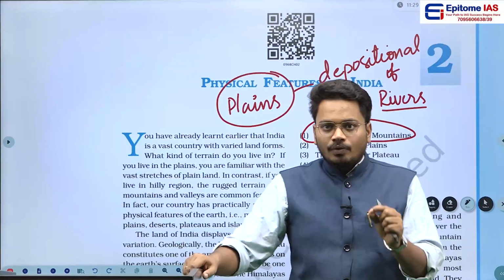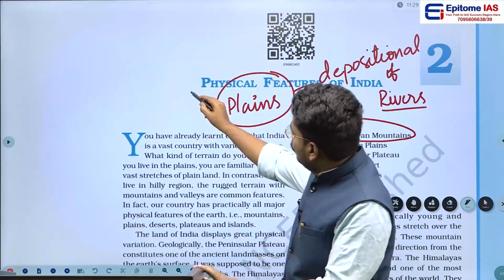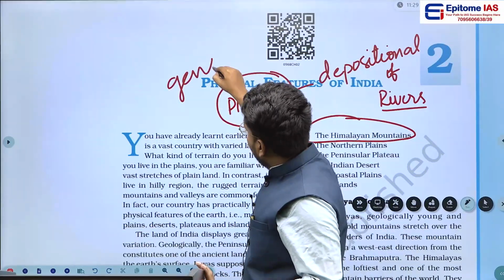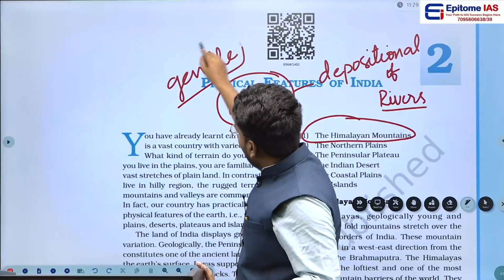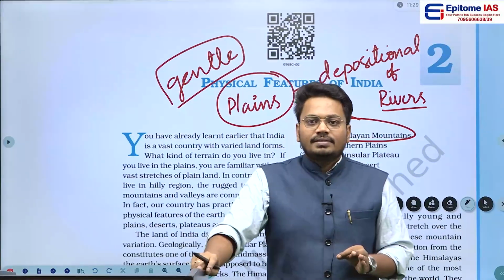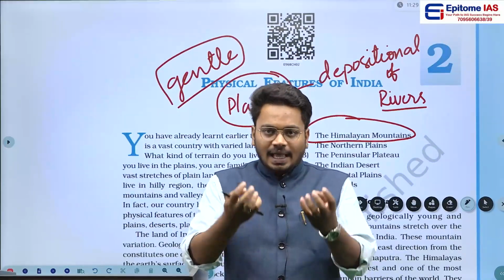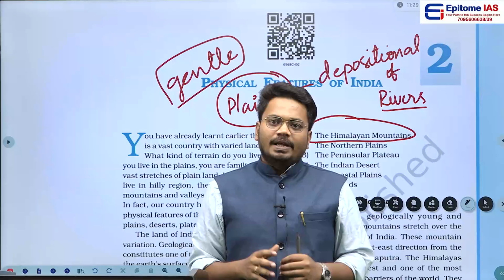There the slope is very, very less, or we can say the slope is very gentle, right? So what happens when the slope is gentle, or when the gradient is very less? Obviously all the sediments get accumulated at a certain place, right?